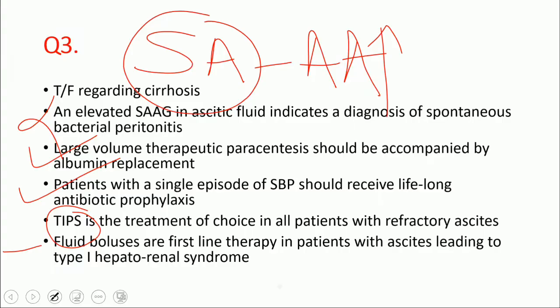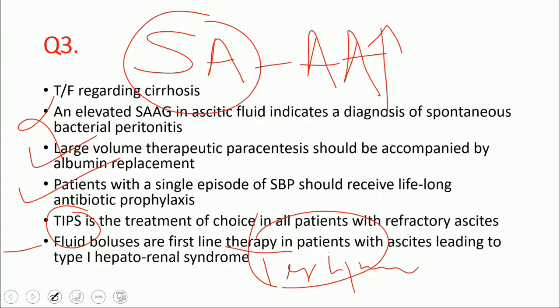The drug of choice in type 1 hepatorenal syndrome is terlipressin. If terlipressin is not available, you can use a combination of albumin and noradrenaline, but that is not very effective. So the treatment of type 1 hepatorenal syndrome is not fluid boluses, it is terlipressin.